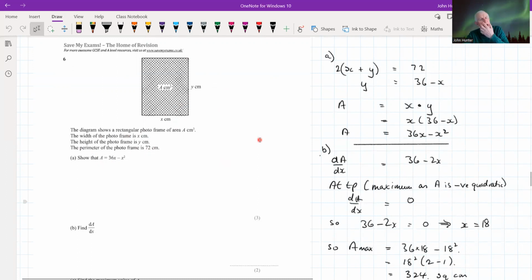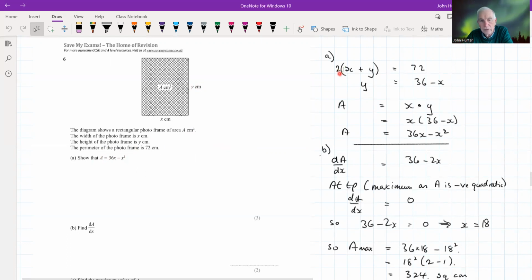Right, in this case, because we've got two unknowns, we're going to expect there to be some way of eliminating one. We've got to be able to eliminate Y in order to form this equation, and we can certainly do that because we use the perimeter statement here.